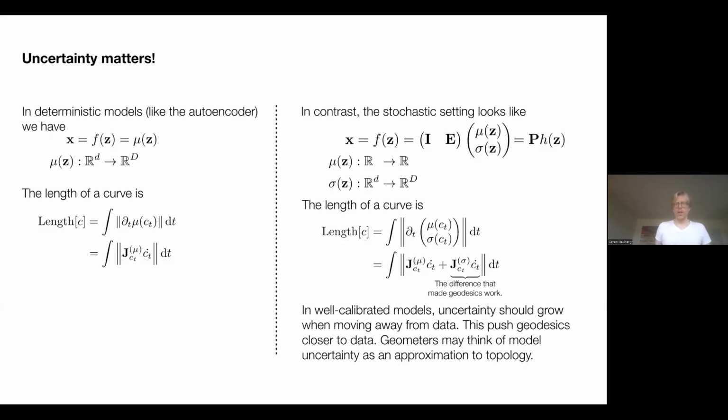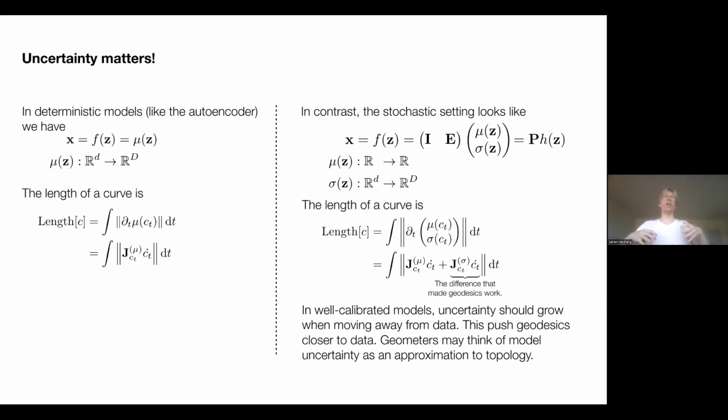And the way you should think of this is that in a well-estimated maximum likelihood estimate of the model, the standard deviation will grow once you move away from data. So that means once you move away from data, the Jacobian of that standard deviation starts obtaining large values, and that will then penalize short paths.